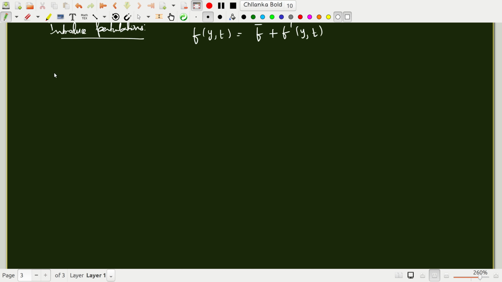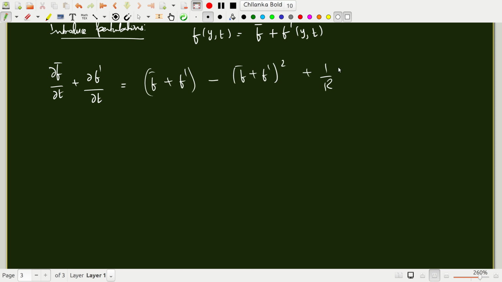So let's throw away terms that are irrelevant. df dt is 0, f bar is 0.